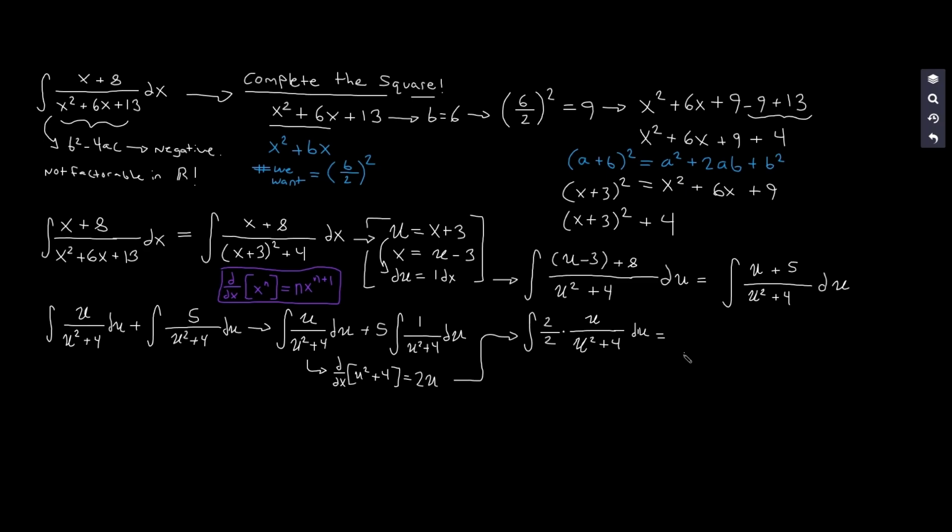So that's going to look like 2u in the numerator, and then 2 times u squared plus 4. But I would guess what would have to be done in this context is that we would have to factor out 1/2. I think we would have to factor out 1/2.